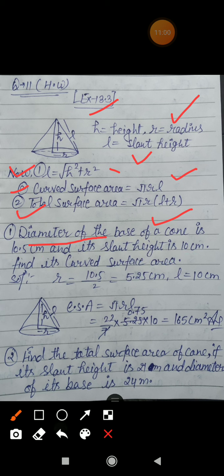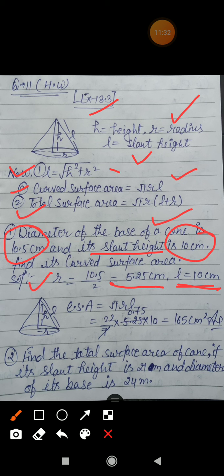So you have the diameter and the slant height. First of all, you have to find the radius with the help of the diameter. You divide the diameter by 2, and the radius is 5.25 centimeter. Here the question gives the slant height, which is denoted by L. So L is equal to 10 centimeter.